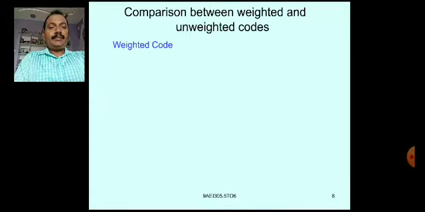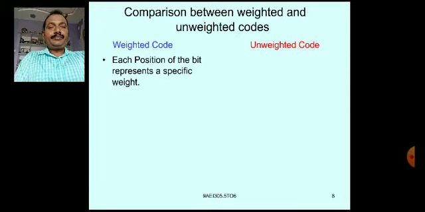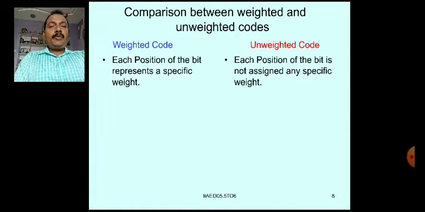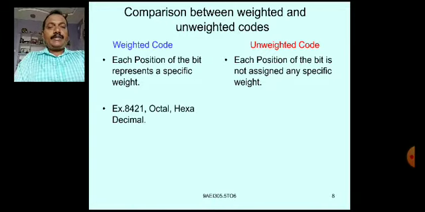Let us compare weighted and unweighted codes. In weighted codes, each position of the bit represents a specific weight. That means each bit has its own weight in the weighted code. In the unweighted code, there is no such weight. Examples of weighted codes: 8421, octal, hexadecimal.